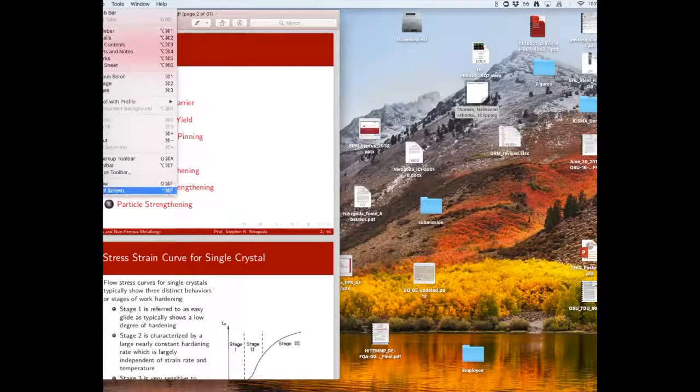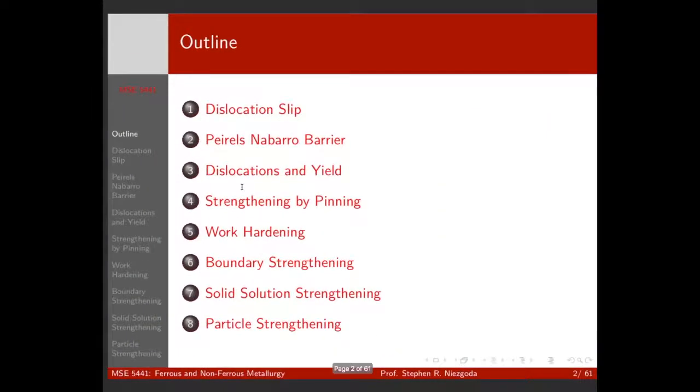The last thing we want to do is something that's going to be super important for the rest of the semester, and that's strengthening. Why is strengthening so important to physical metallurgists? Structure.